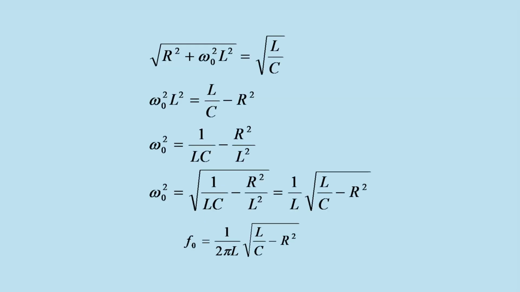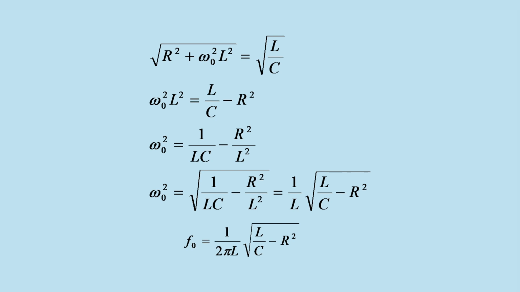So this can be written as Z square is R square plus omega naught square L square, which is equal to L upon C. If you square both sides, left hand side and right hand side, you can write omega naught square L square is equal to L upon C minus R square.